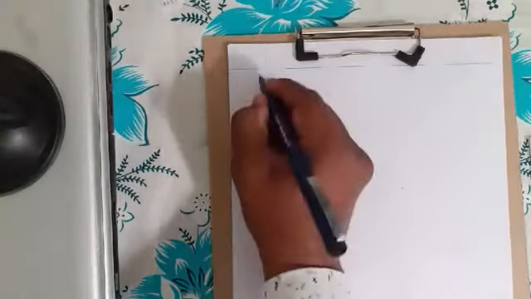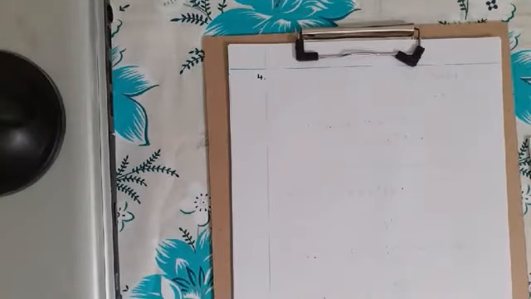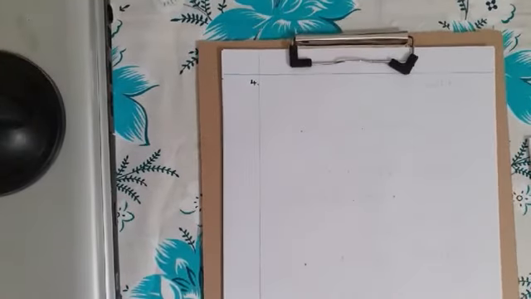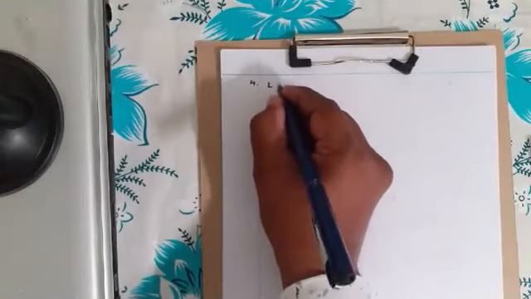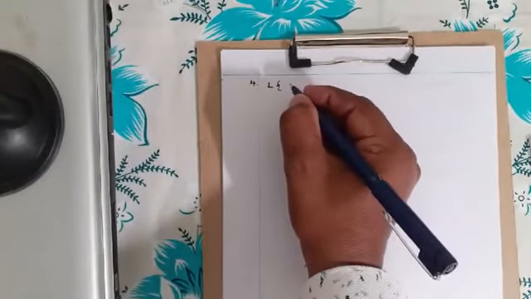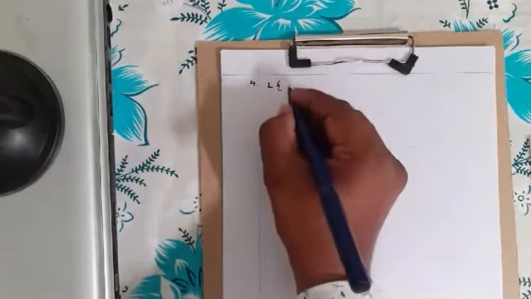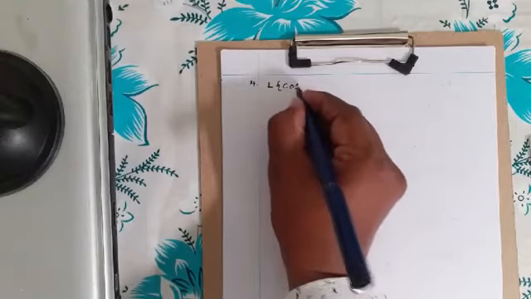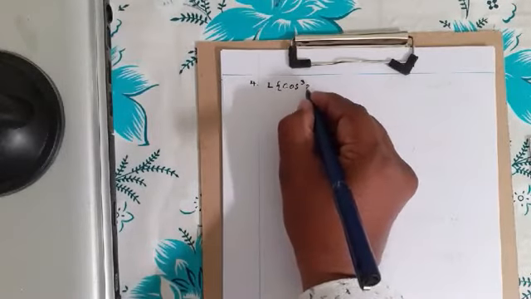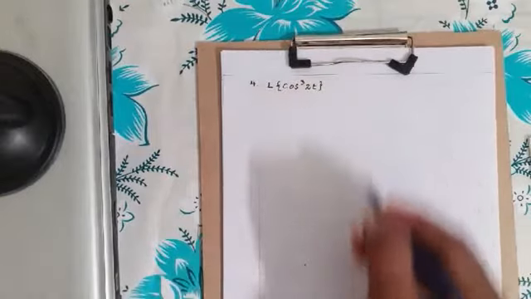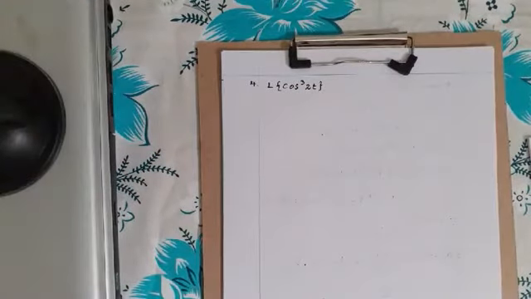So now the fourth problem is Laplace of cos cube 2t. Okay, so this is the problem now.